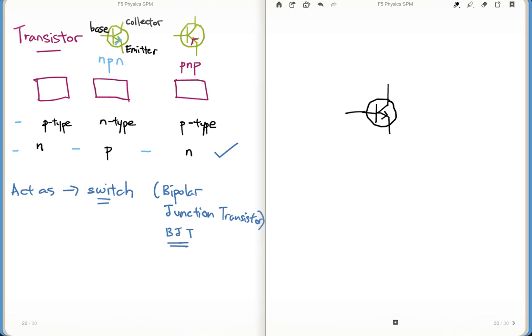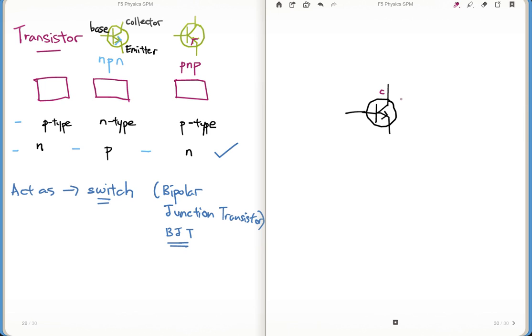There are a few things you need to know. In order for it to work, your collector has to be connected using a reverse bias configuration.